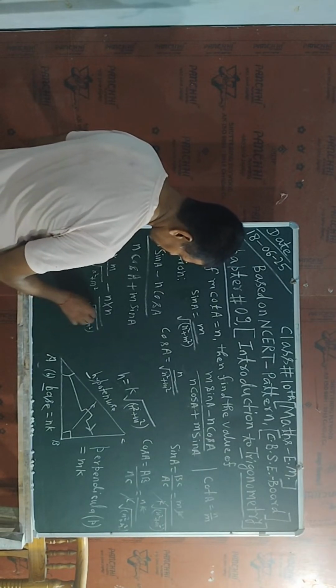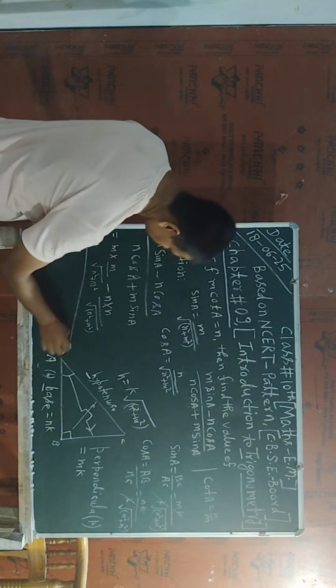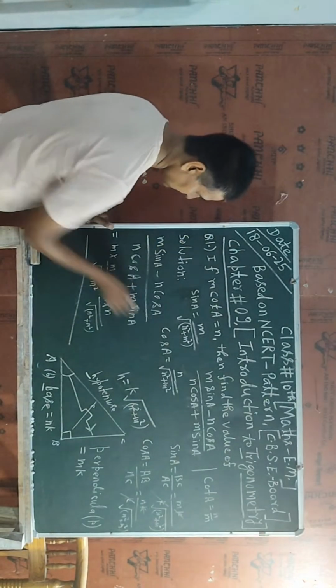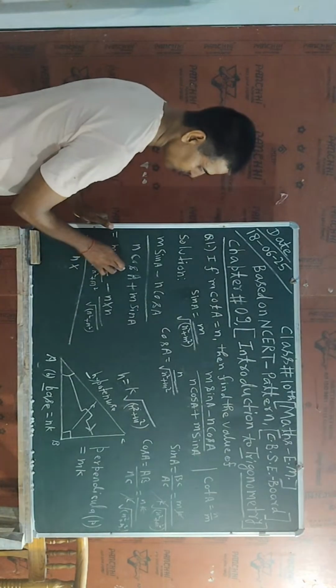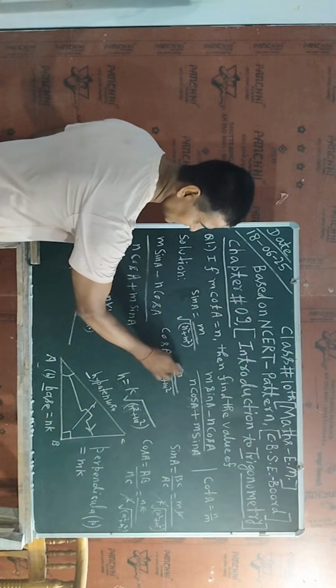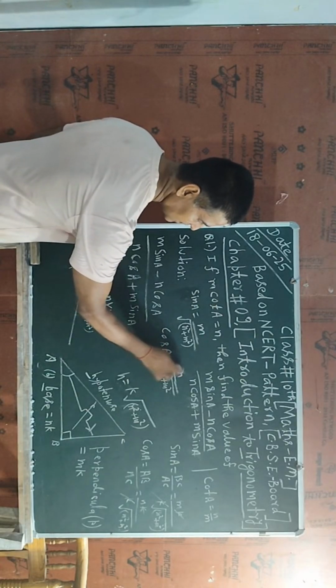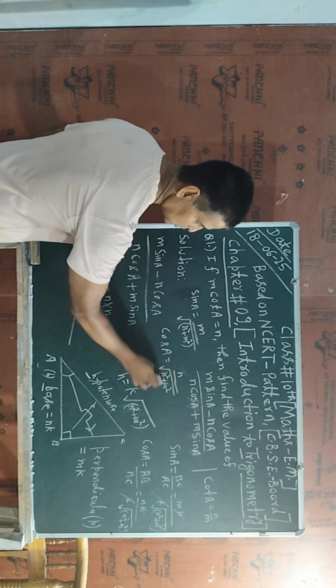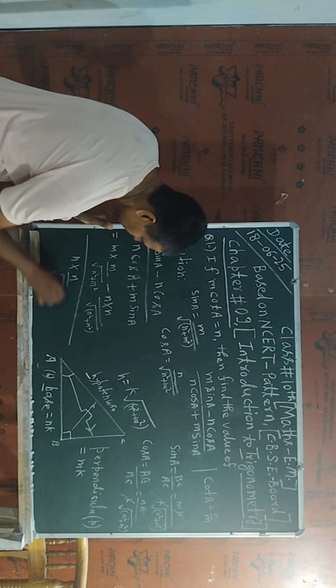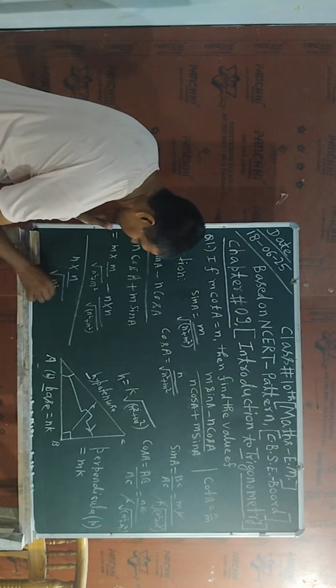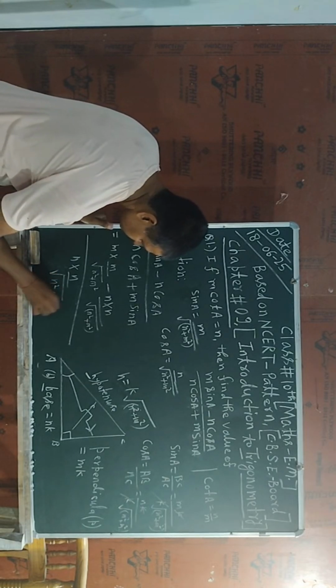After writing it, I will divide because here division is given. So here I will write N into, in the place of cos A, N divided by square root of N square plus M square.